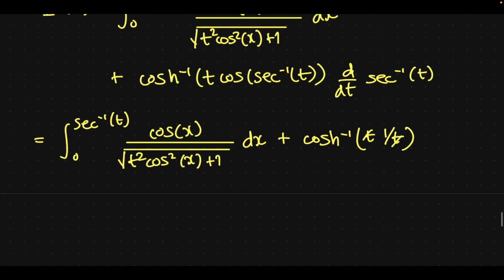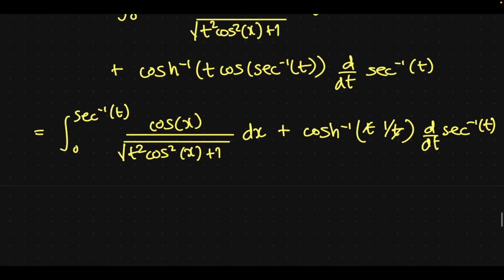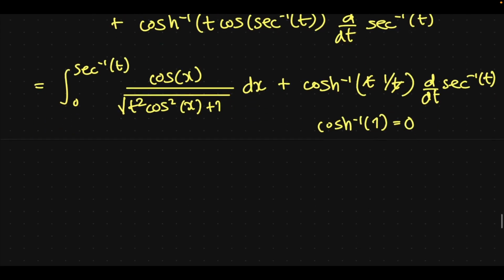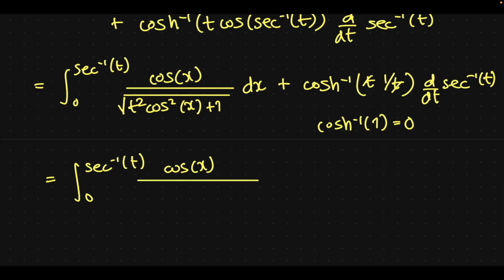Cosh inverse of 1 is 0. So the derivative of the secant inverse doesn't matter, because cosh inverse of 1 is 0. So we just have the integral from 0 to secant inverse of t of cosine x over square root of t squared cosine squared x plus 1, dx.